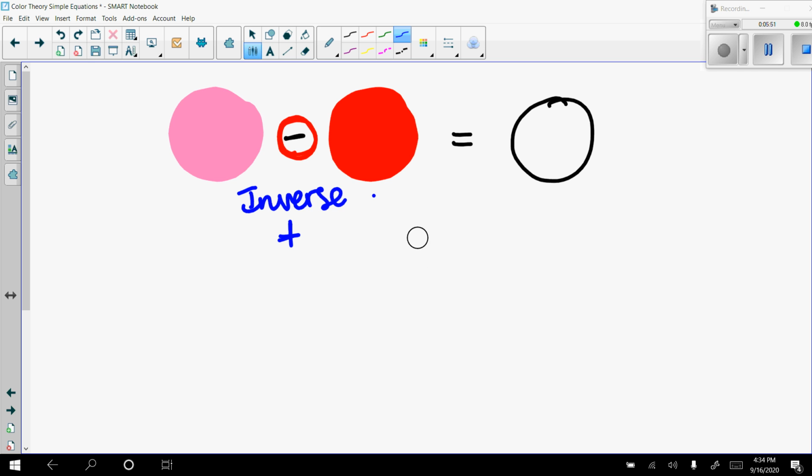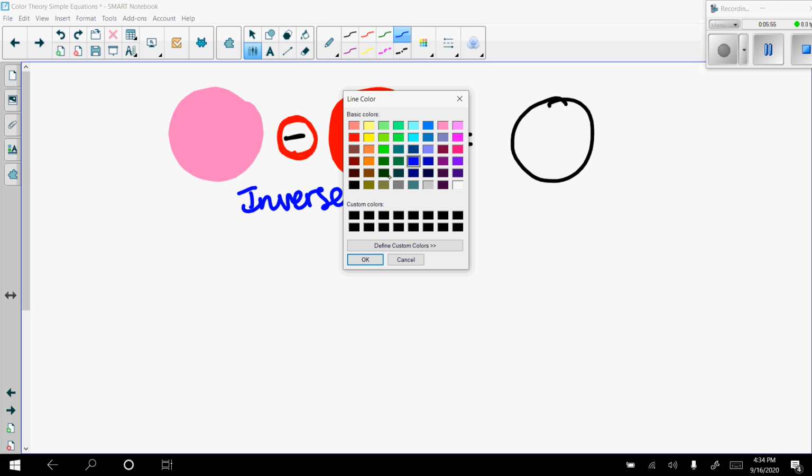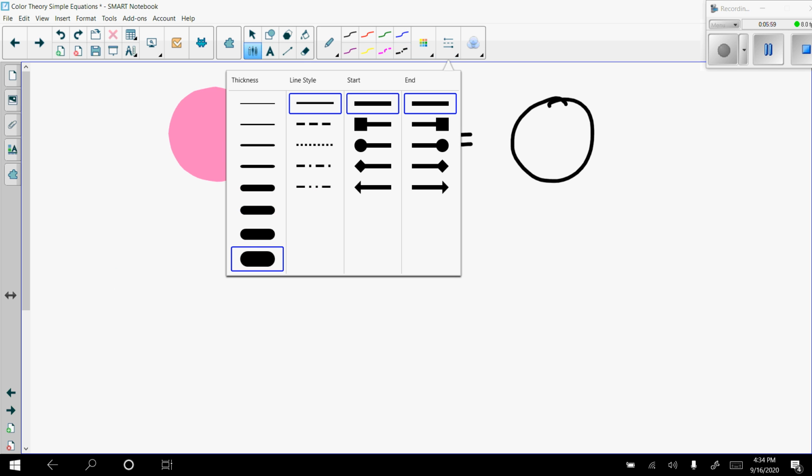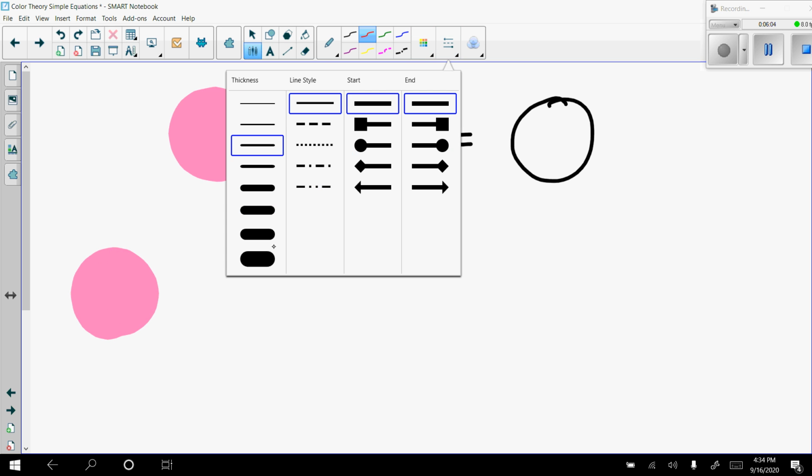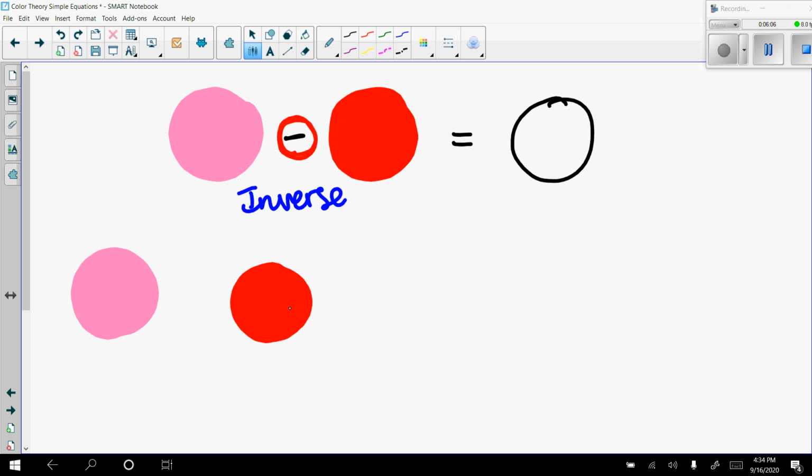So let's add red to both sides. We want to cancel out this red, get pink by itself, so we're going to be adding red to both sides of our equal sign.